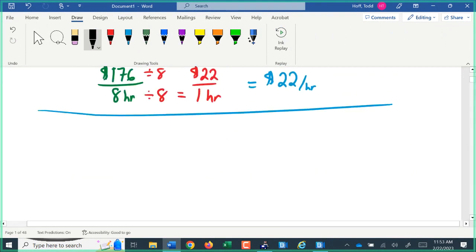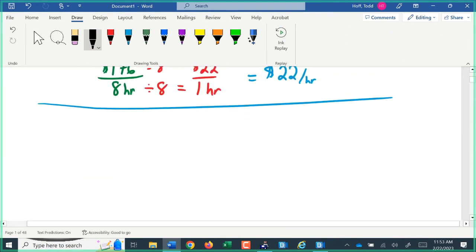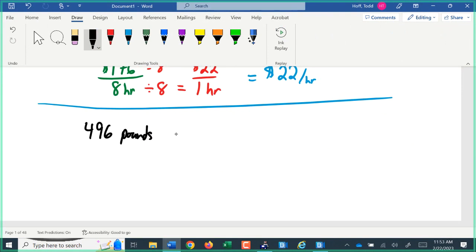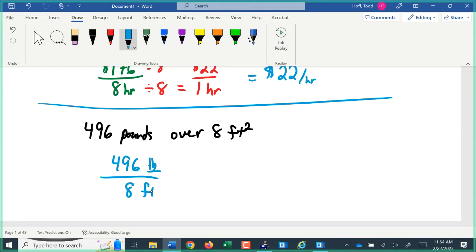Or we might have a platform that is holding 496 pounds spread out over 8 square feet of area. And look at what this pressure, what this load is. Well, we have the 496 pounds over 8 square feet.